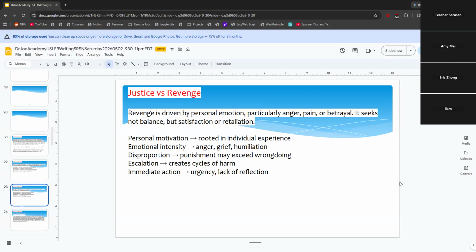Their motivations might be personal, intense, urgent. They're looking to cause harm, to hurt somebody. All these things tie with revenge. They have nothing to do with being balanced, being logical, or trying to establish fairness. It's all about trying to one up somebody.